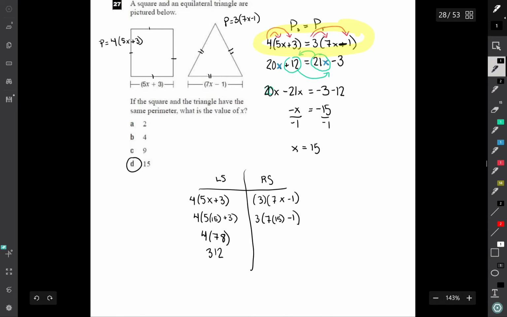Then over here we have 7 times 15 minus 1. That's 104, so 3 times 104, and we get 312 again. So since left side equals right side, we know that x equals 15 has to be correct. Okay, moving on.